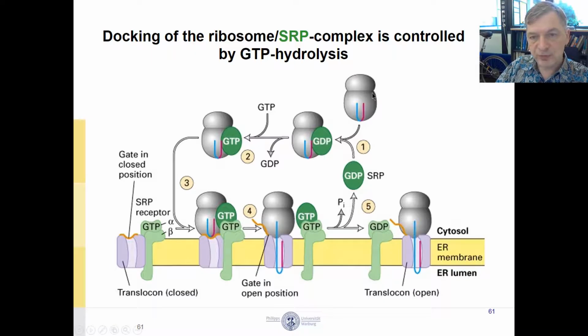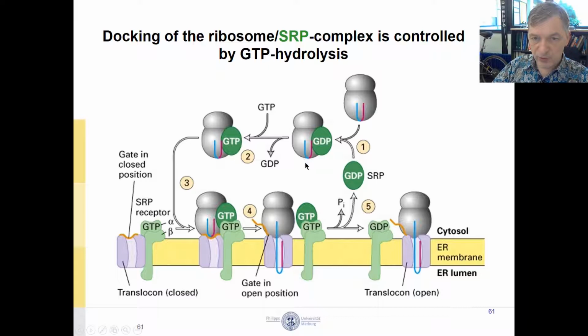So you see here a ribosome that is translating some mRNA coding for a membrane protein, and this membrane protein actually has, in this example, a signal sequence marked here in red. A signal sequence that is on the surface of the ribosome. When it comes up on the surface of the ribosome, the GDP-bound form of the signal recognition particle binds to the ribosome, which also stops its translation at this moment.